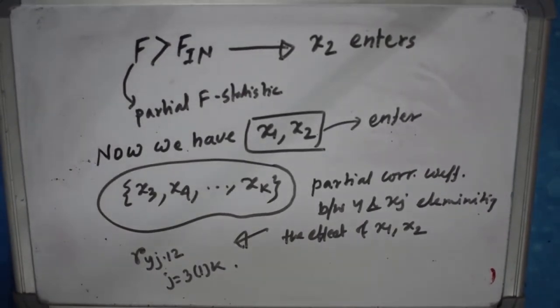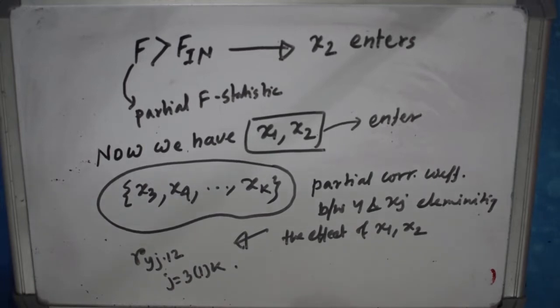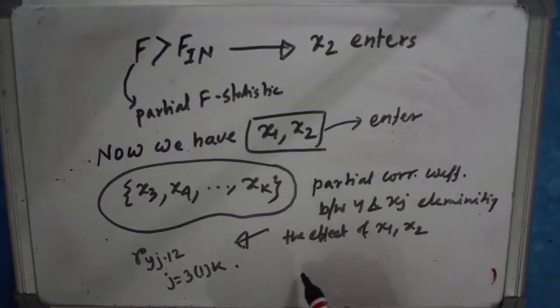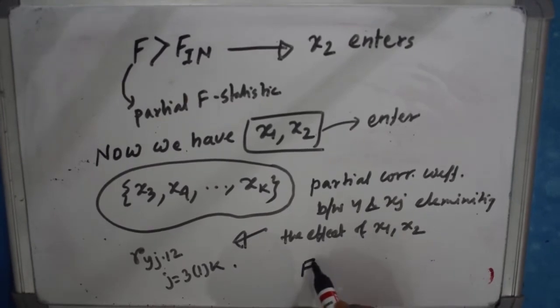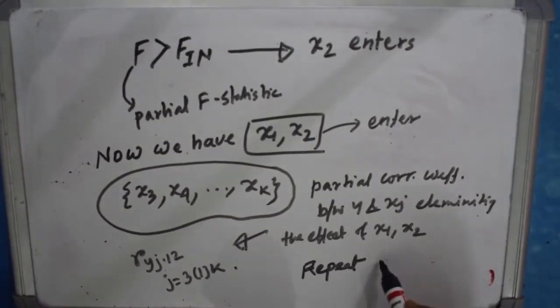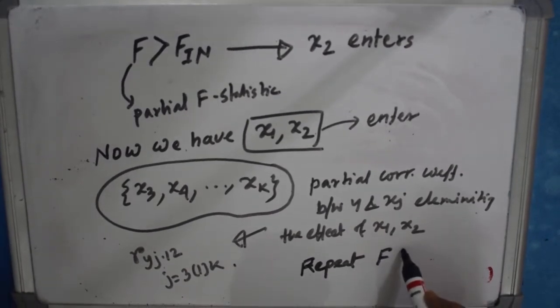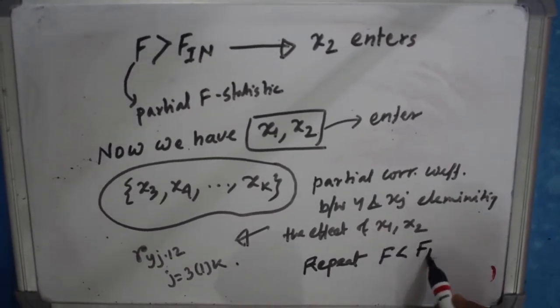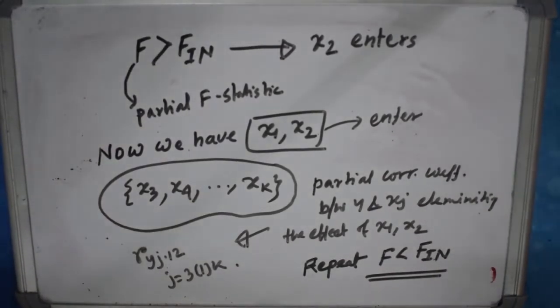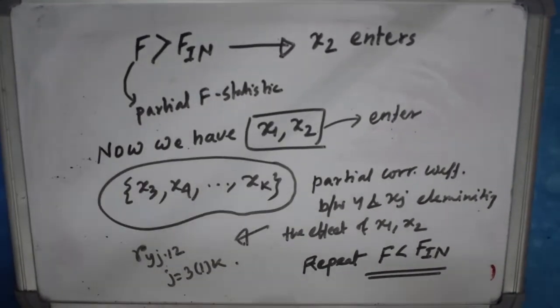So we repeat this process, or steps, until the partial F statistic is less than Fin. So we again repeat the whole process one by one.